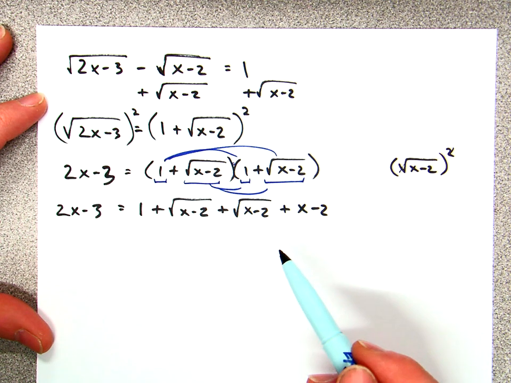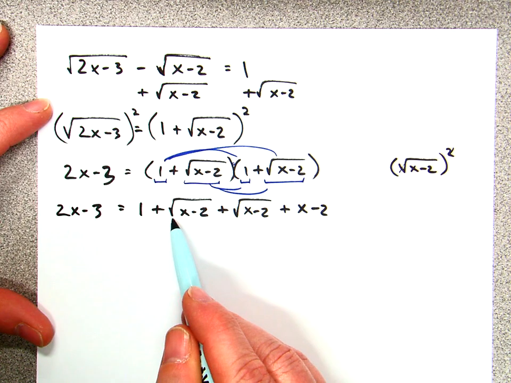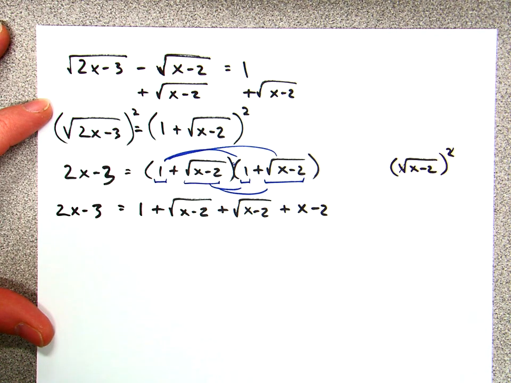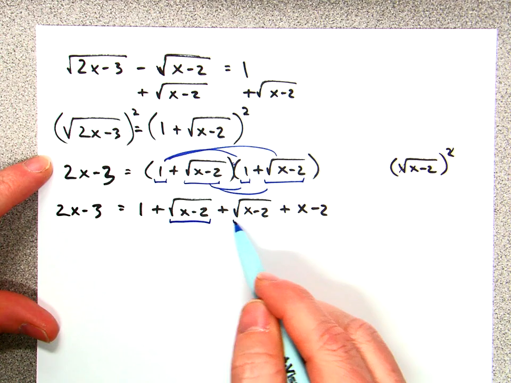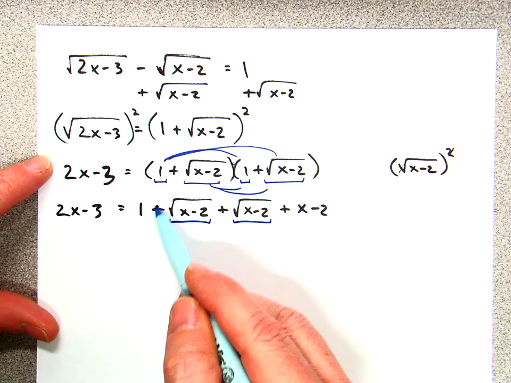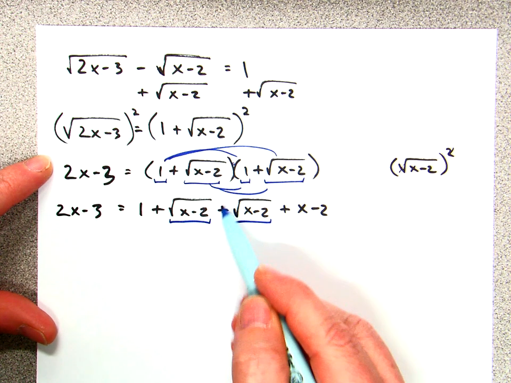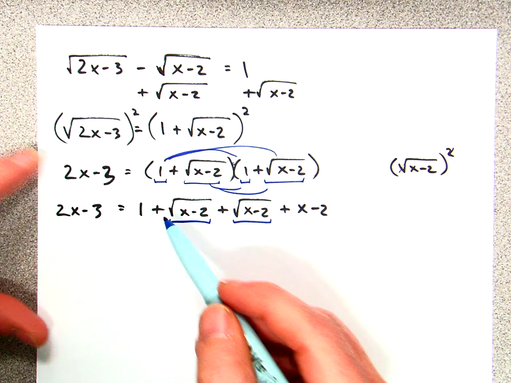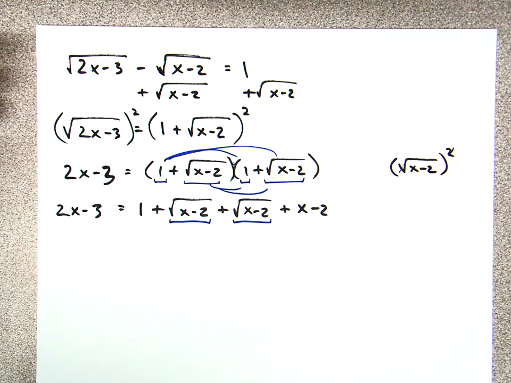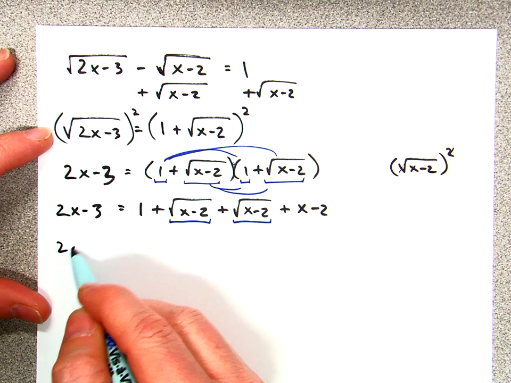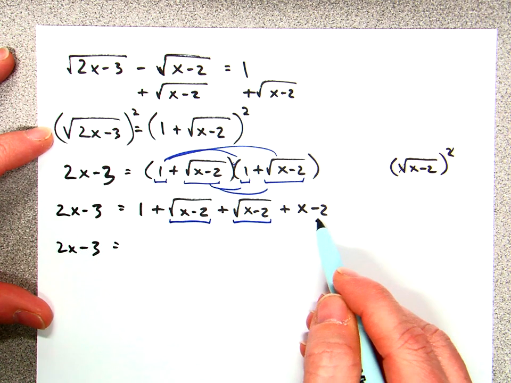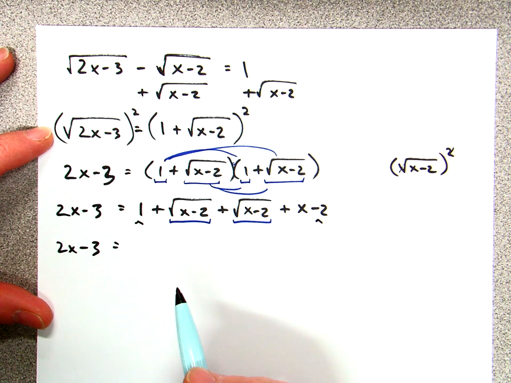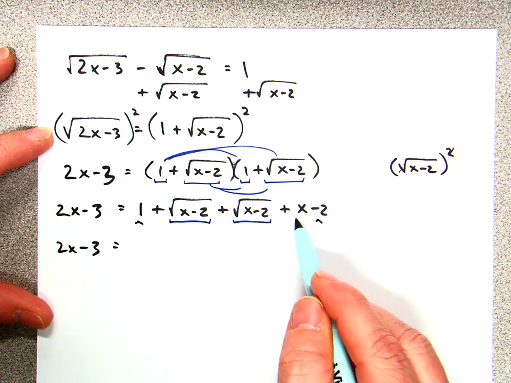Okay, so not that it's looking any nicer, but at least we don't have it grouped up, right? We distributed it out. Now, these 2 roots are identical, right? And if I'm adding roots together, as long as they're the same, then I can just add the coefficients together, because the coefficient is the quantity of them, right? So, I got the 2x minus 3. I can actually put together this negative 2 and this 1, and then I still have this x.